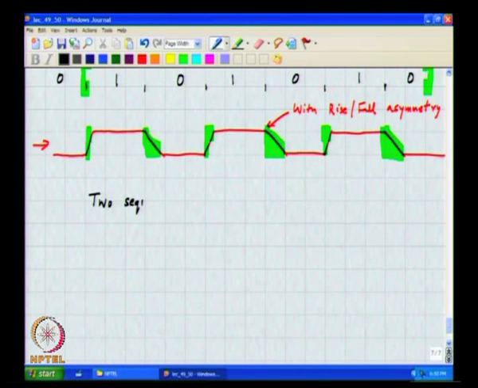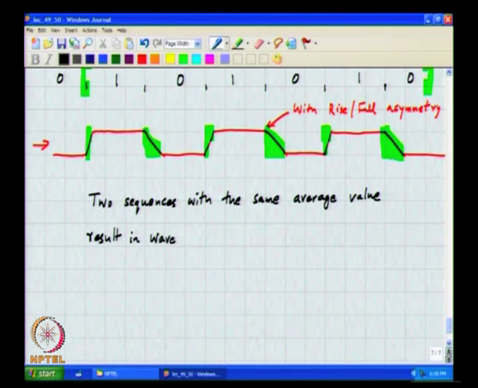Two sequences with the same average value result in waveforms with different averages, and this is non-linearity.